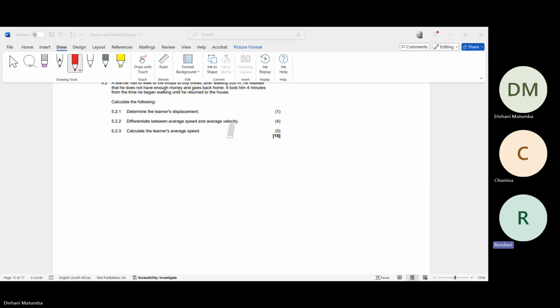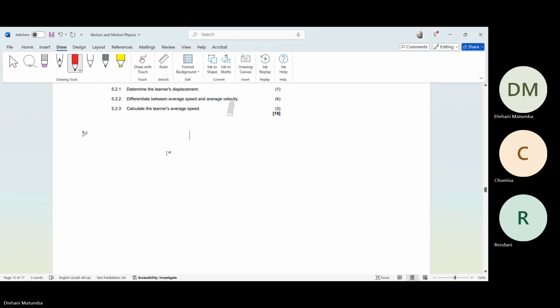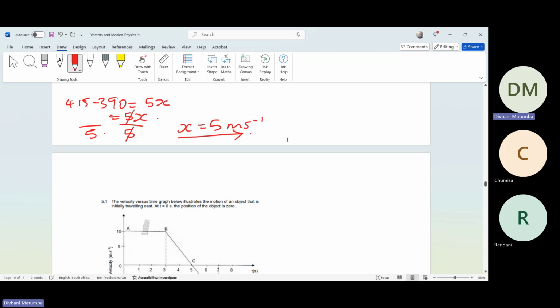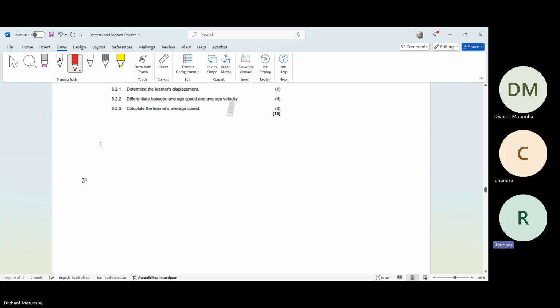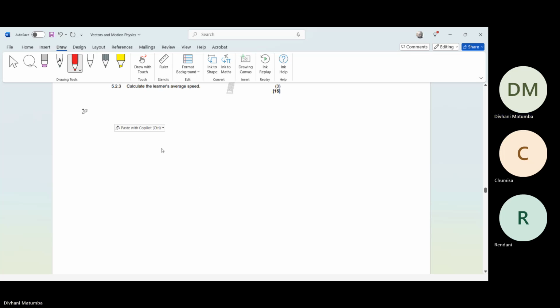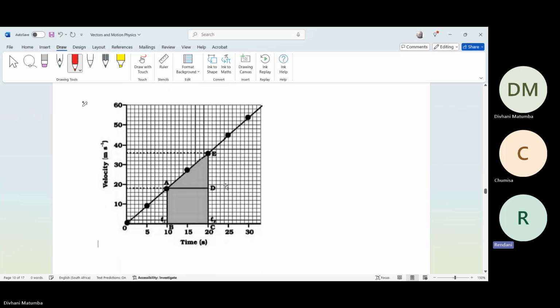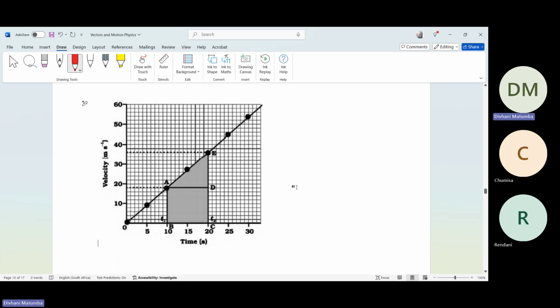Voltage divided by resistance will give you, Kumisa, from Ohm's law, current. Exactly. This thing is easy.